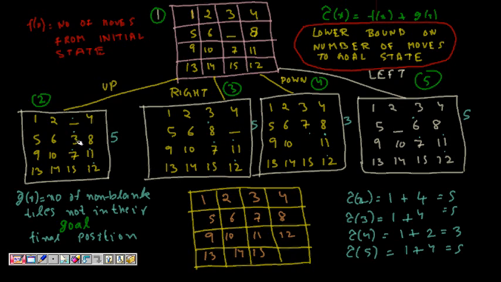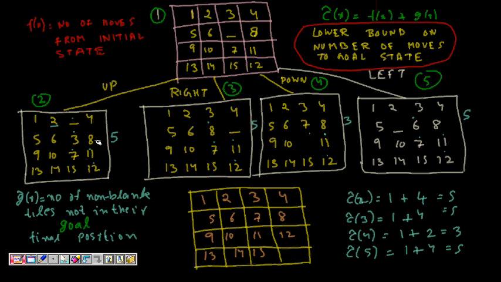I don't want to go down again because that was already the parent's place, so I go to the left and right. If I go to the left, this will be empty, and I can again go to the left or down, and this way I can try. But the thing is, it will require a lot of moves.